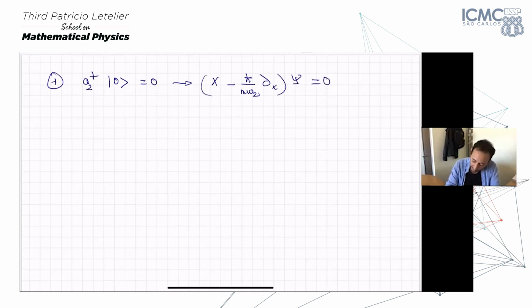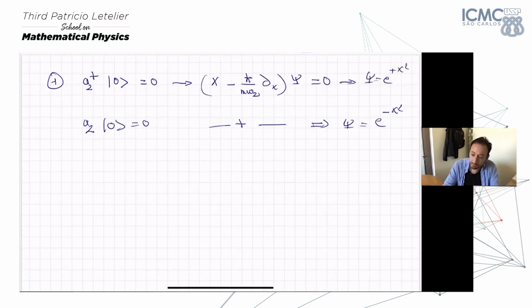Usually, when we are doing A2, we get the same equation, but with a plus, and when we solve that equation, we get an exponential minus x squared. If you solve this equation, you get an exponential plus x squared. So you have a wave function which is not normalizable. That's the first problem.